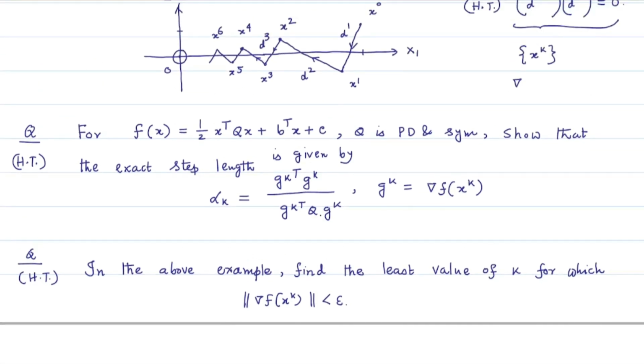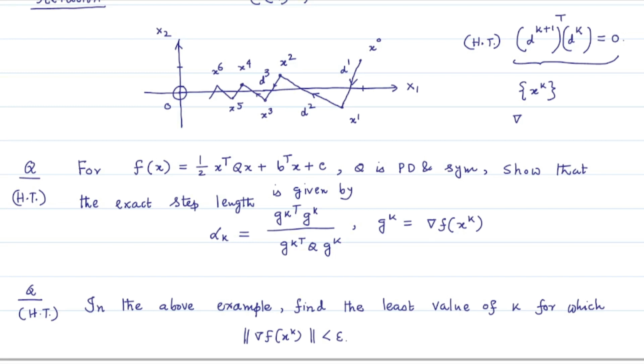Then please try to figure out how many iterations are required to reach a stationary point for this particular example, and that will give you a feeling of how slow the steepest descent method is. You will require a handful number of iterations before you reach inside an epsilon neighborhood of a stationary point. And this is due to the zigzagging phenomenon.